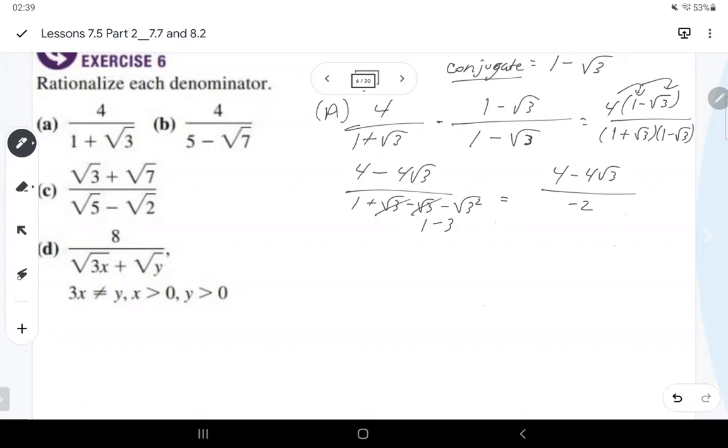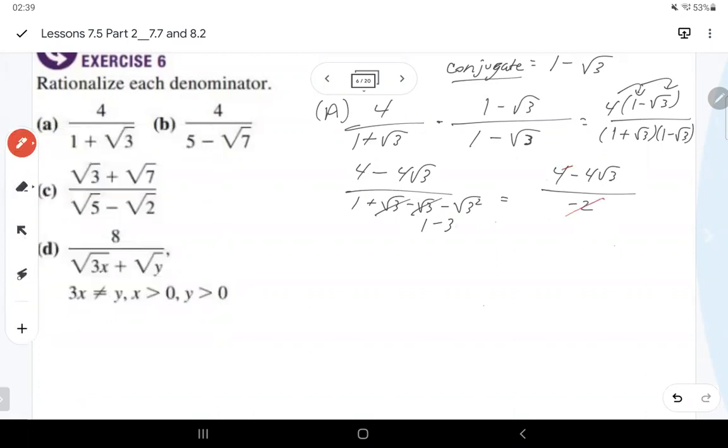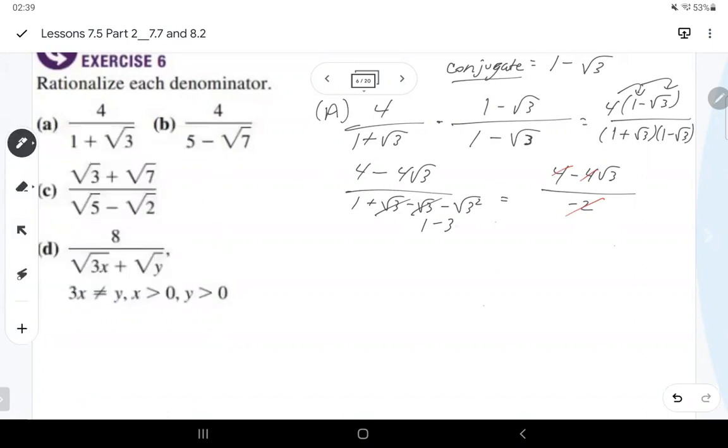Everything can be reduced by 2. So divide by 2, divide by 2, divide by 2. And we end up with negative 2 plus 2 square root of 3.